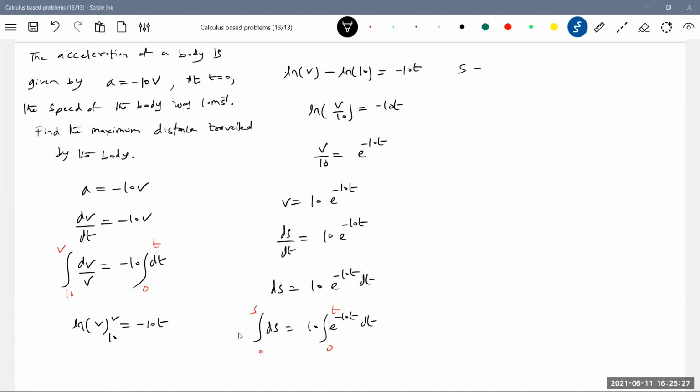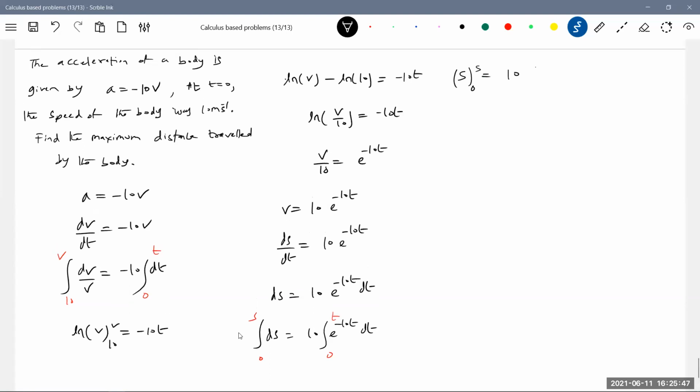Now s is equal to the integral from 0 to s of 10 e to the power of minus 10t dt. What is the integral of e to the power of minus 10t?